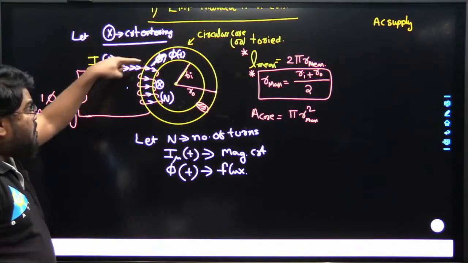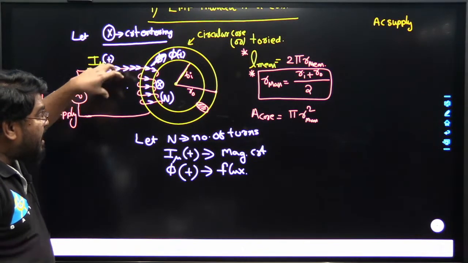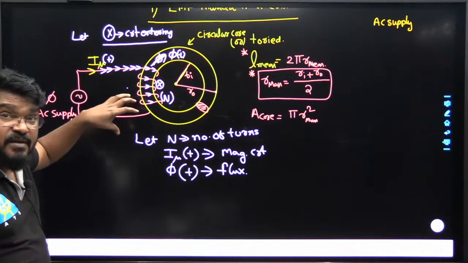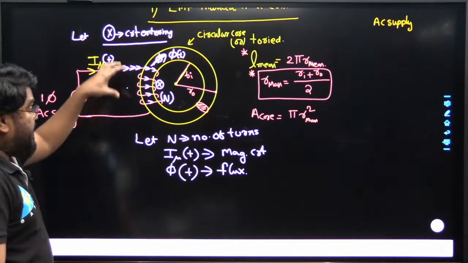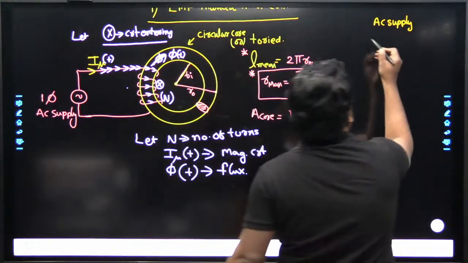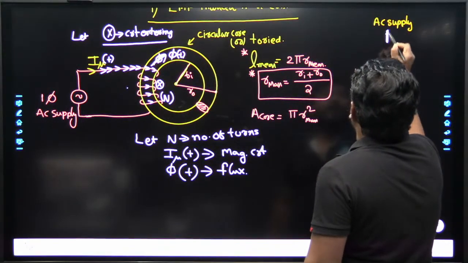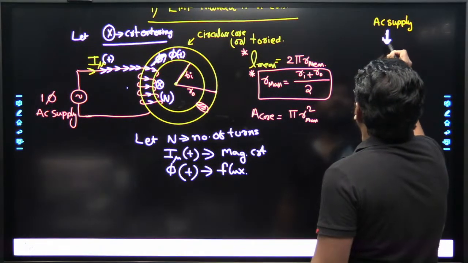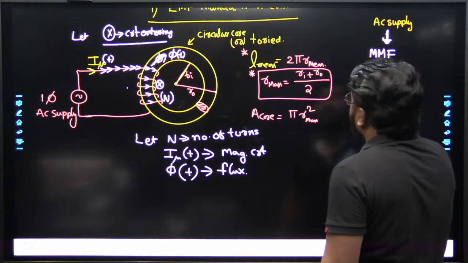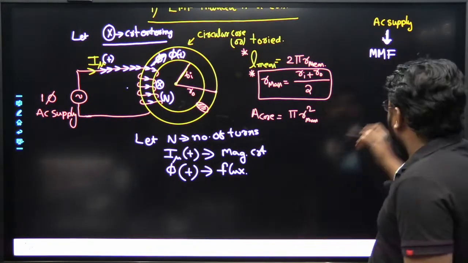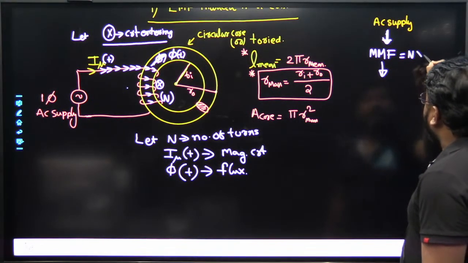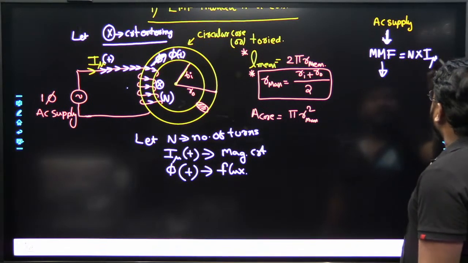Now whatever flux is produced in the coil also links with the number of turns. So according to Faraday's laws of electromagnetic induction, EMF is induced in a coil. What is the step by step procedure here? Initially, when the coil is excited with the AC supply, the MMF is set up, which is the number of turns multiplied by the magnetizing current.